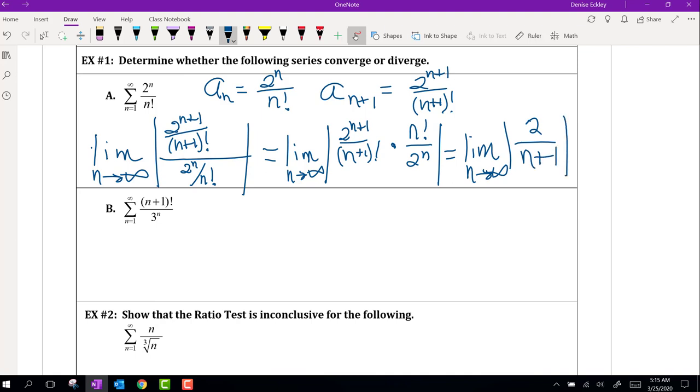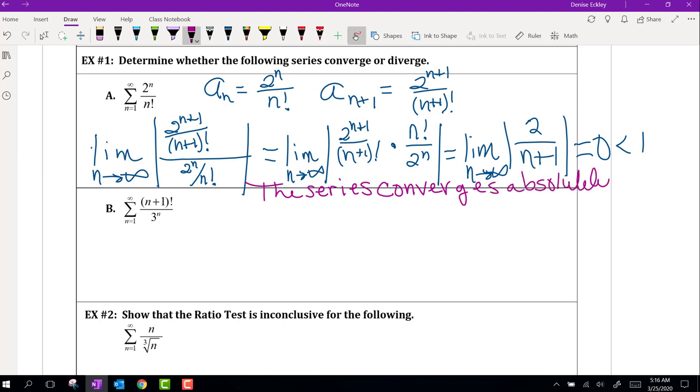And so we can see that this definitely equals 0, and 0 is less than 1. So we would say that the series converges absolutely by the ratio test.